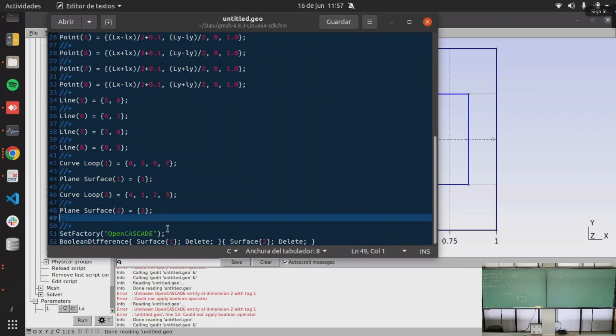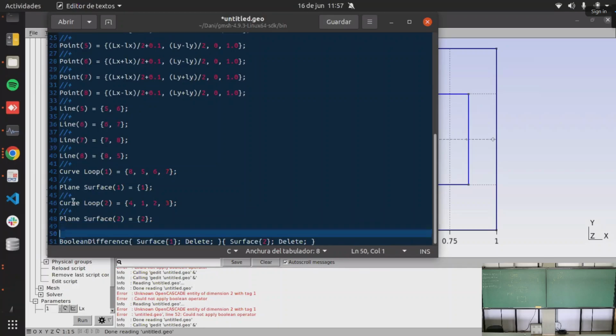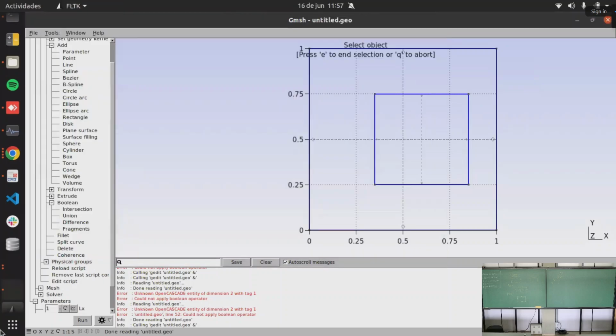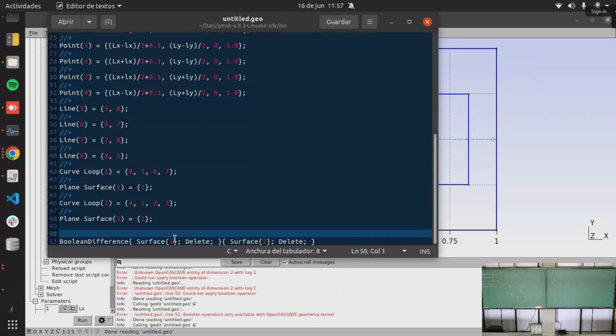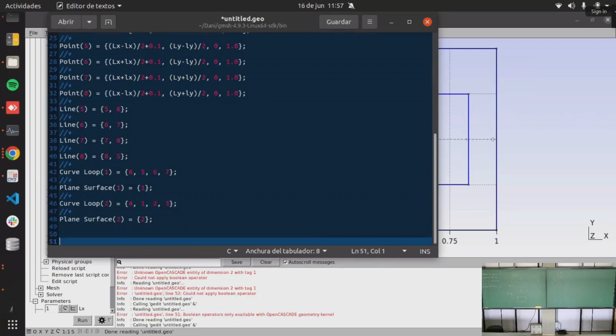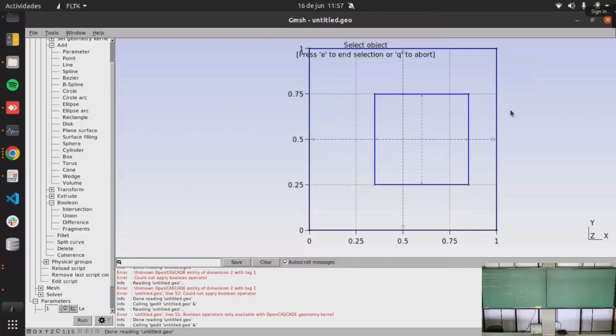I don't know what this is. Look at the script. Okay, I have to do it the other way.